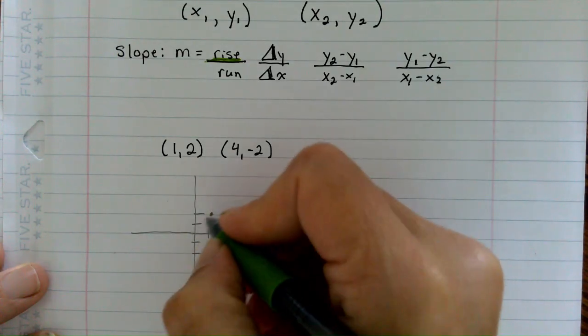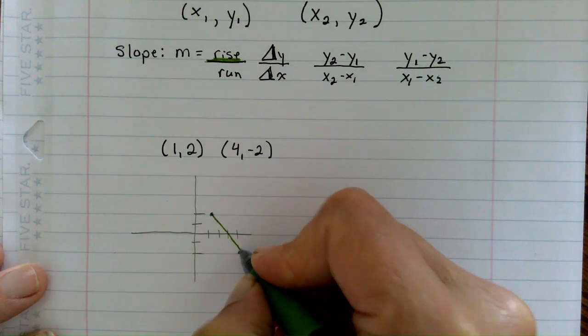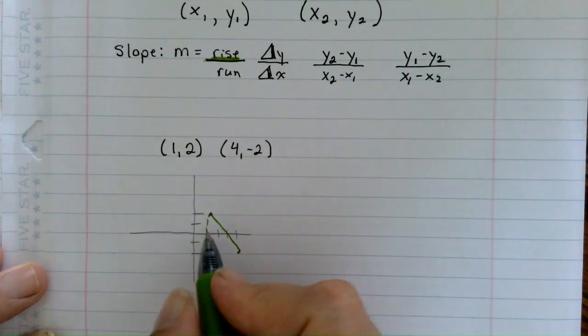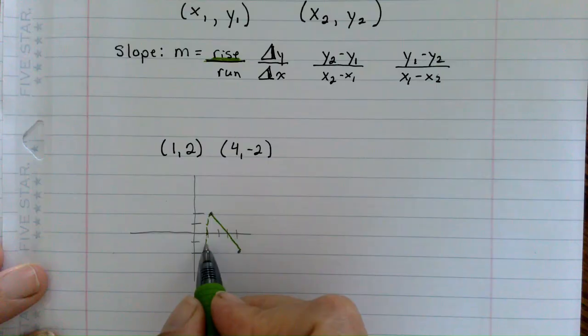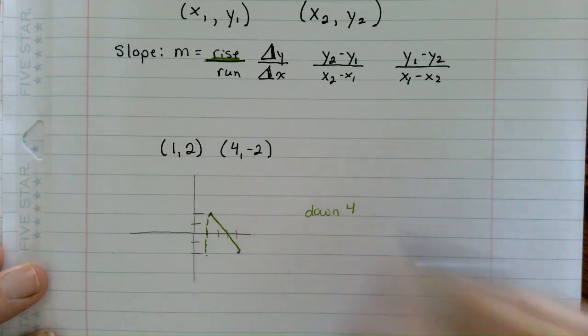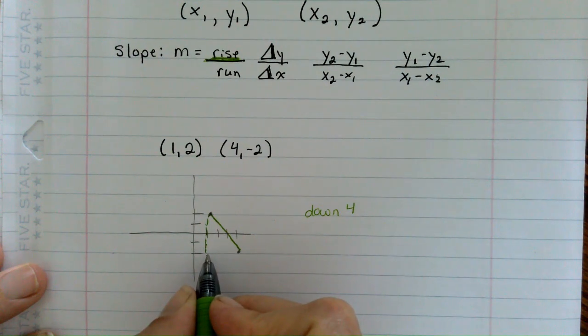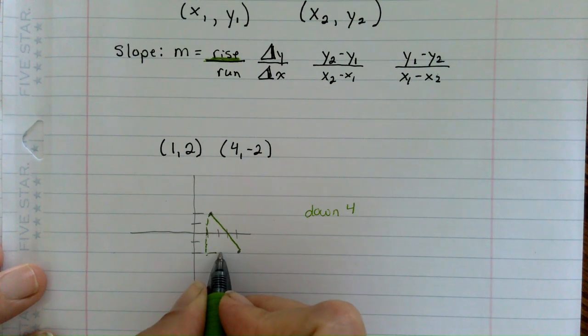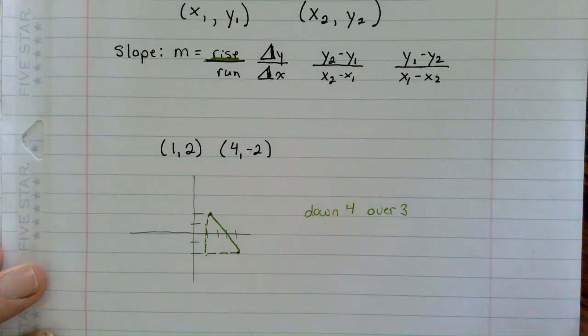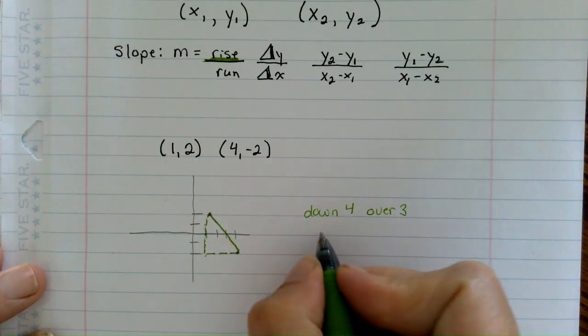So we always work left to right. So we would have to go down 1, 2, 3, 4, down 4, right? And over 1, 2, 3. Okay, so we went down 4 over 3.